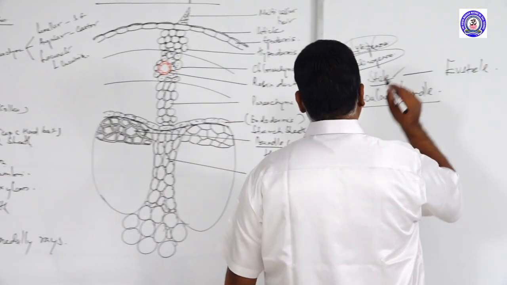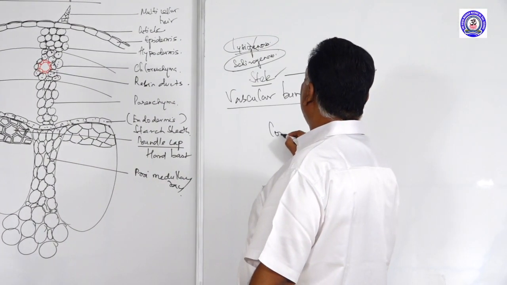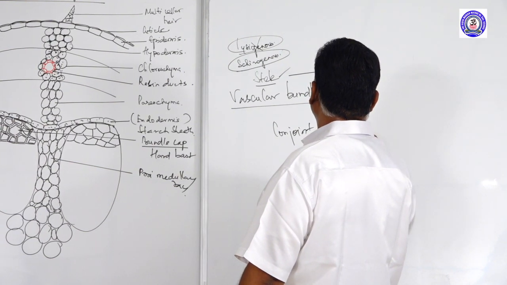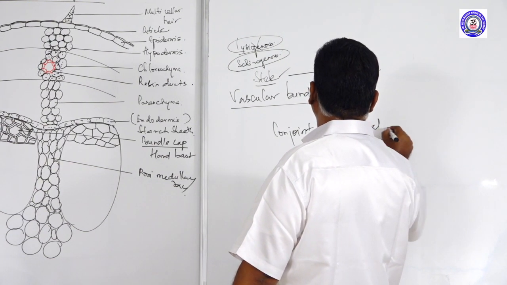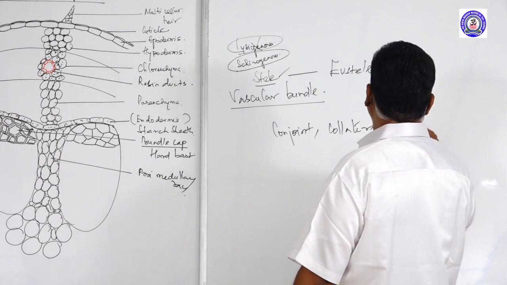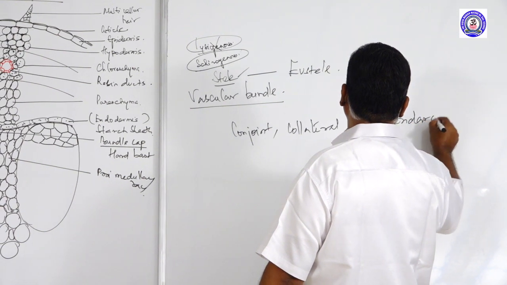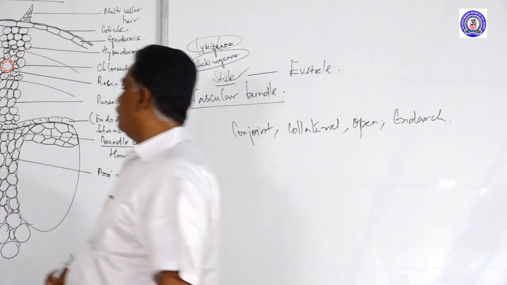And what is the nature of the vascular bundle? These are conjoint, collateral, open, and xylem endarch. We will see one by one.